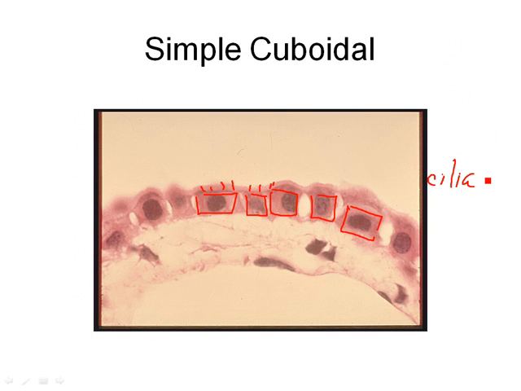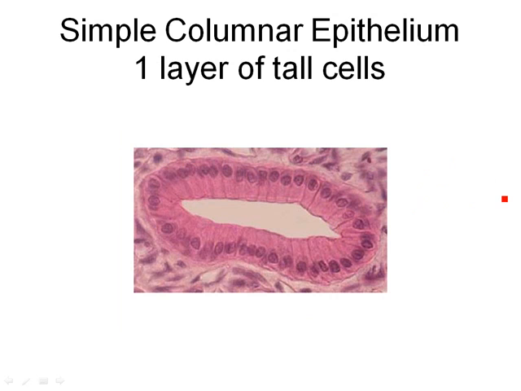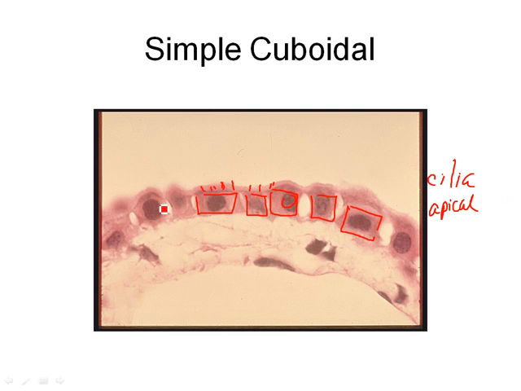So, for example, maybe a fallopian tube might have cilia that are kind of helping move the egg along or something like that. The cilia always face the apical side. Always. Oh, one more thing. Dark spots, what do you think those are? Nucleus.